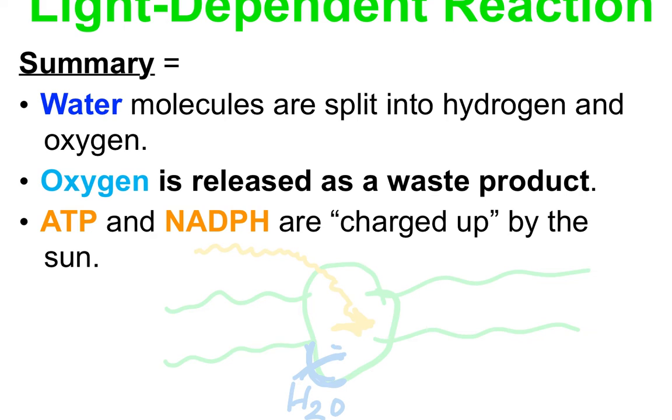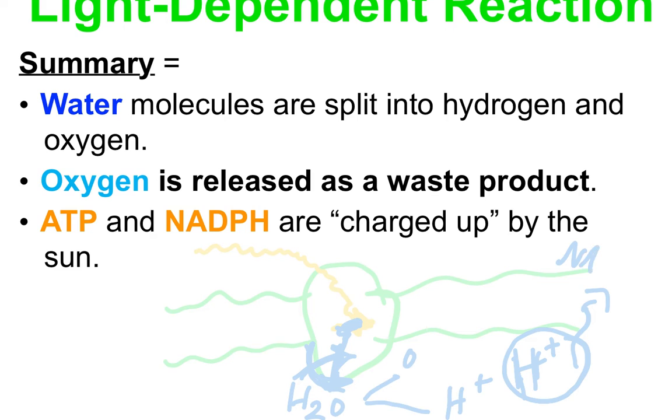And when it comes in contact with it, that light energy hits that water molecule, splitting it into an oxygen and hydrogen ions. That's an H+. One of these hydrogen ions is about to be used to make NADPH. This process creates an excited electron.